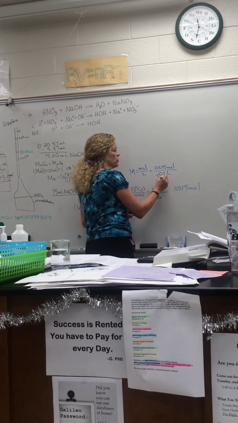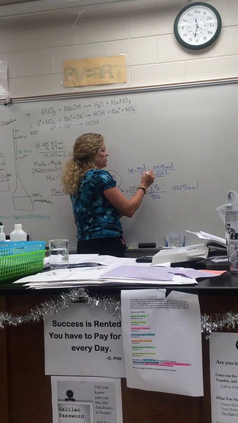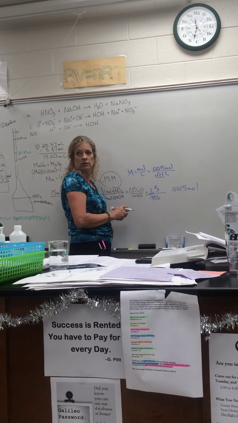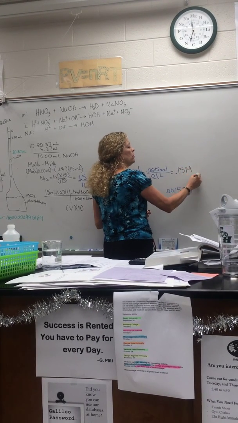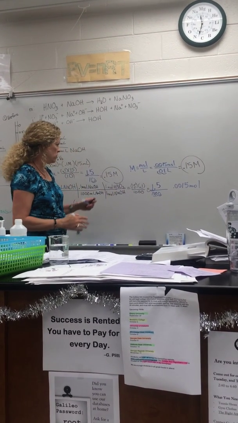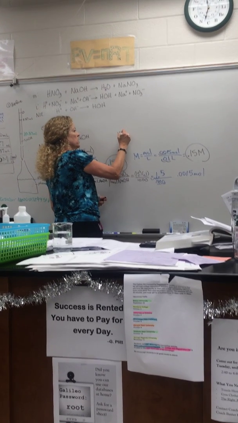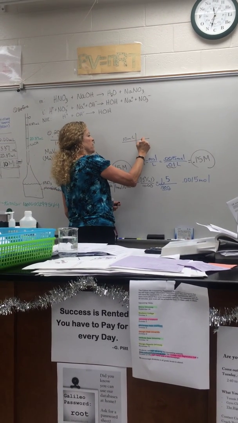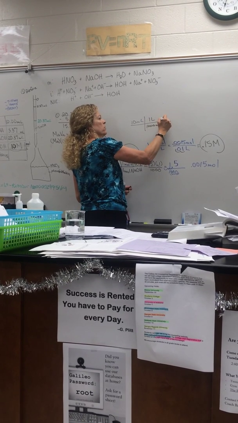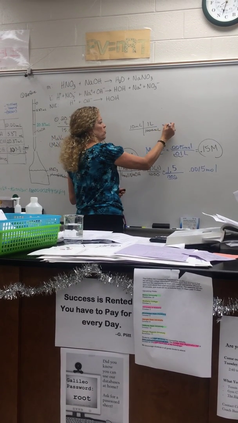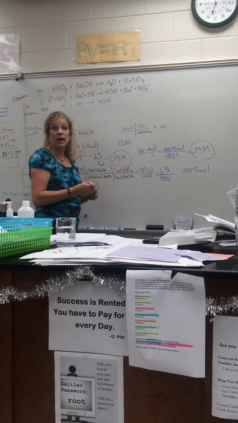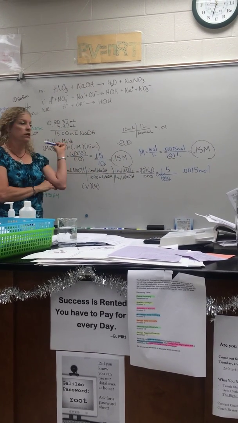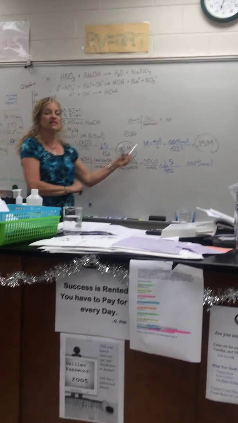If we have to move this over 2 to get 1, then don't we have to move this over 2? There's 1,000 milliliters in 1 liter, so 10 divided by 1,000 is 0.01. Or you just move the decimal over 3. That's the quick way to convert. Do you see how you get the same answer both ways?